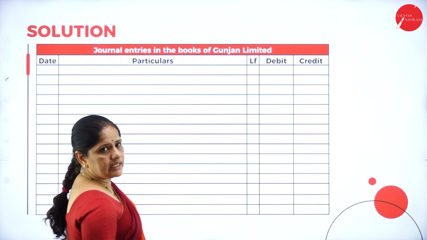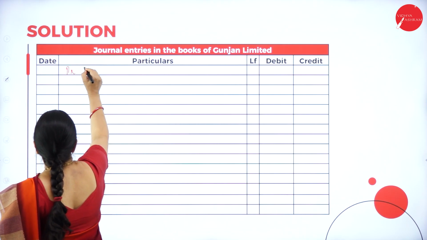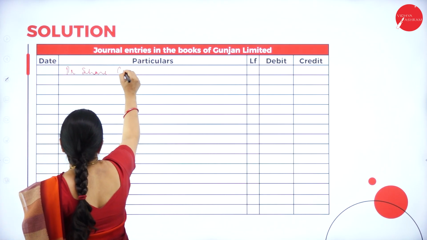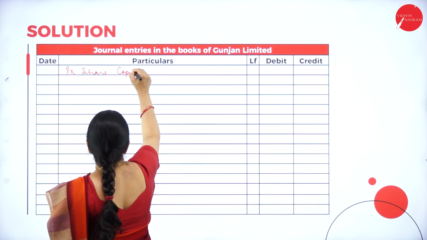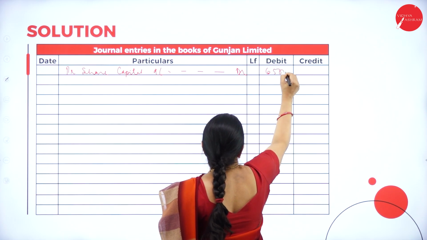Then the next entry for money due to preference shareholders: preference share capital account debtor 65,000.